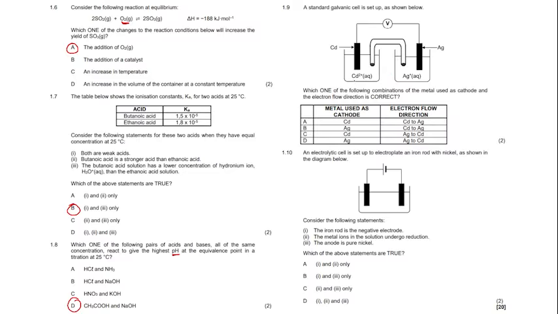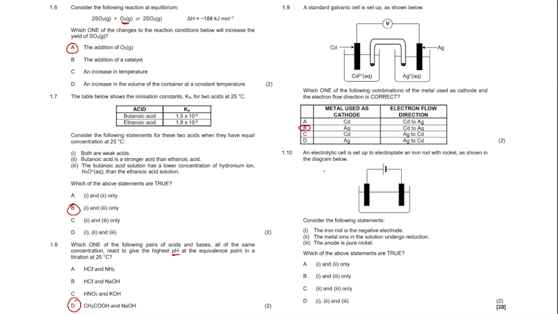And if we look at that, we can see that the Ag is a stronger oxidizing agent and will therefore be reduced. So, therefore, Ag is the cathode, as reduction takes place at the cathode. And this would mean that the electrons flow from the anode to the cathode, which would be from Cd to Ag. So our answer would be B.